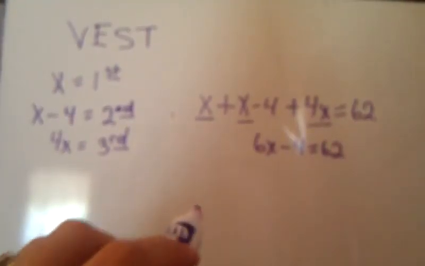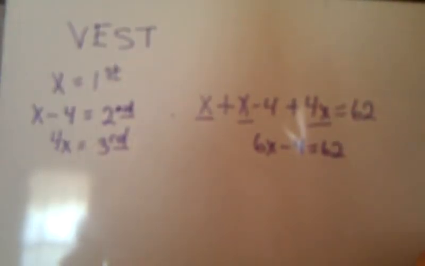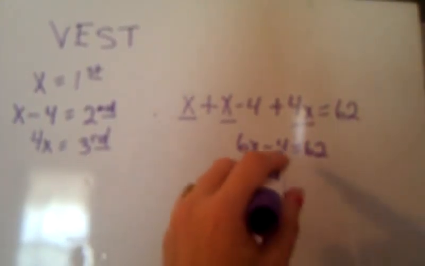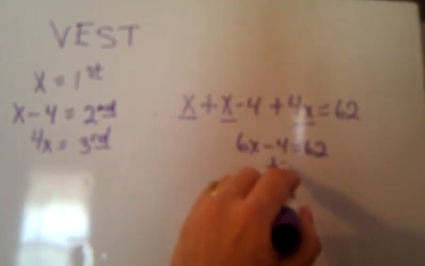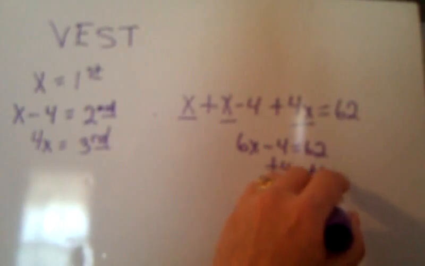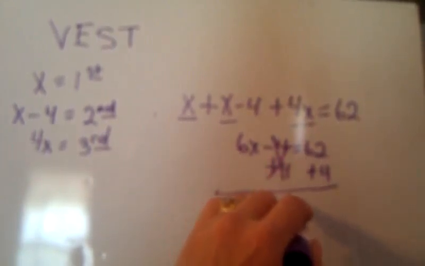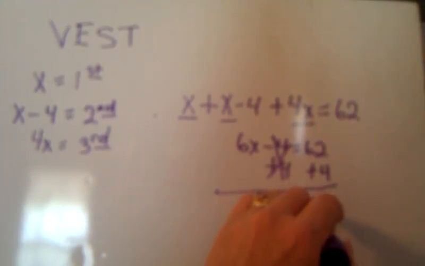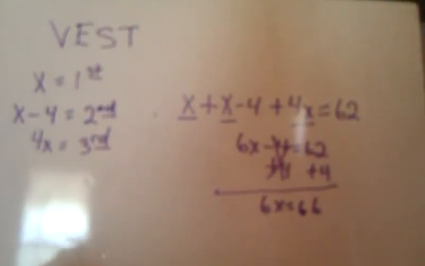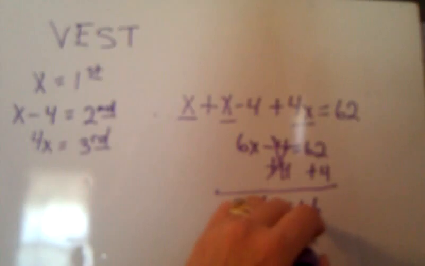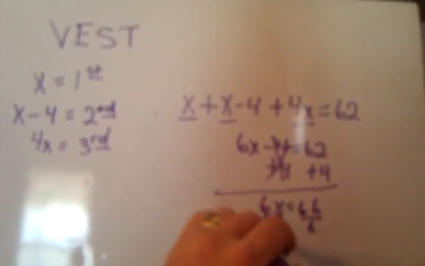This says minus 4, so let's add 4 to both sides. These cancel out. I have 6x equals 66. Then I have to divide by 6, so x equals 11.